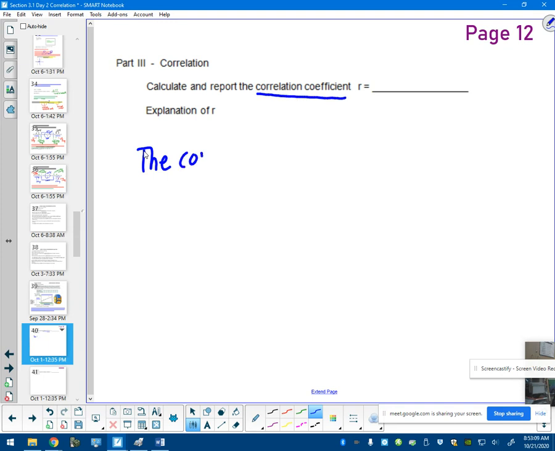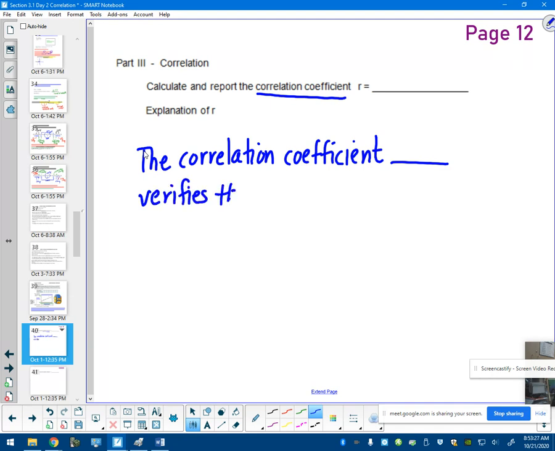The correlation coefficient, and I'm going to put the number in there that I'm going to calculate in my calculator in a minute, verifies the, what did we call this yesterday? Look up at your scatter plot description. Was it strong negative or strong positive? Was it linear or curved? What did we say?